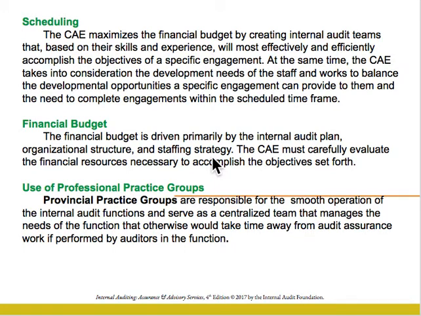Some large organizations have moved toward the development of professional practices groups. What are these groups? These groups are responsible for smoothing the operation of the internal audit function.